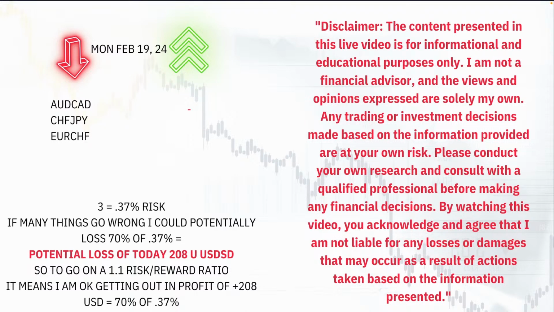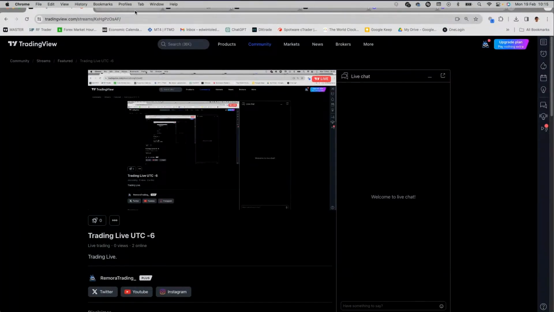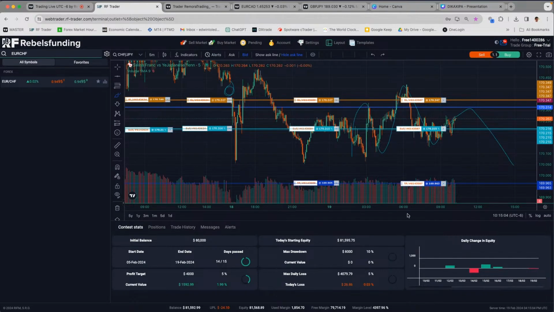But in this one, I'm saying CHF is strong and Euro is weak. I'm saying CHF is strong here and CHF weak here. So that's why one or the other should work.